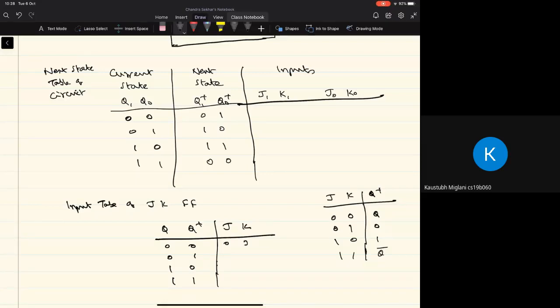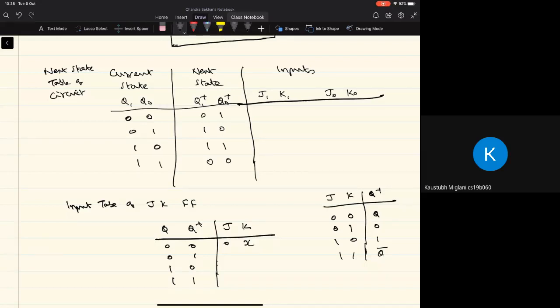We indicate that by the don't care term. So if J is 0 and K is either 0 or 1, for the current state Q equal to 0, Q plus is guaranteed to be 0. This is what we are saying in the input table of the flip-flop: if Q is 0 and I want Q plus to be 0, then J has to be 0 and K can be a don't care term.